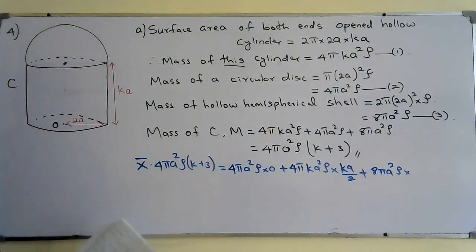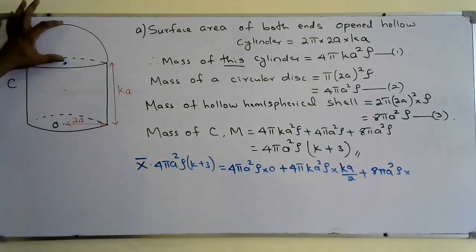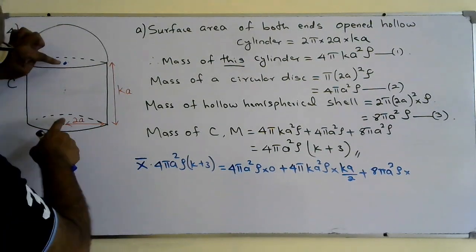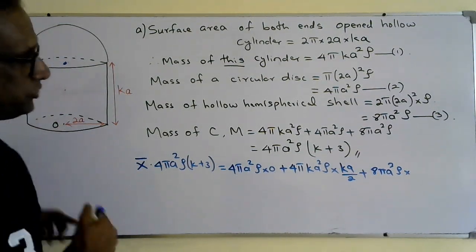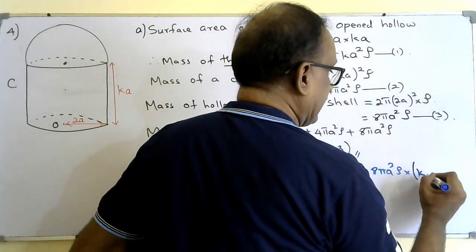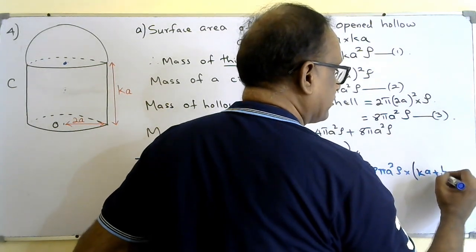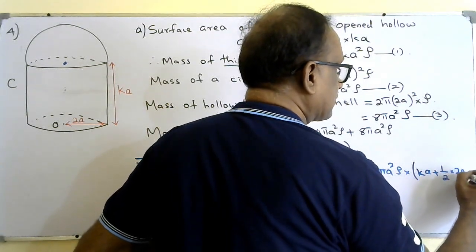That's the way it's given in the data sheet. I'll check it again. Yeah, half of the radius means from O, Ka plus half of 2a.